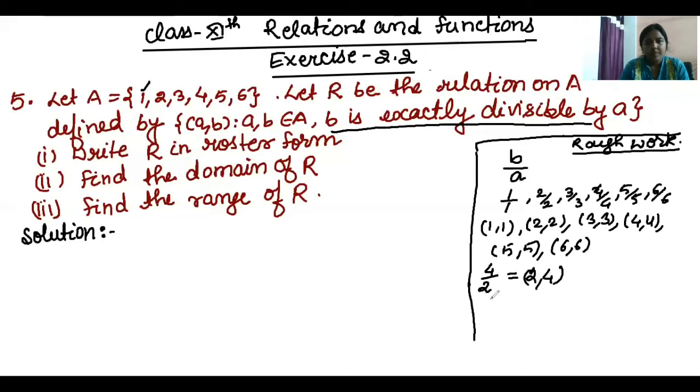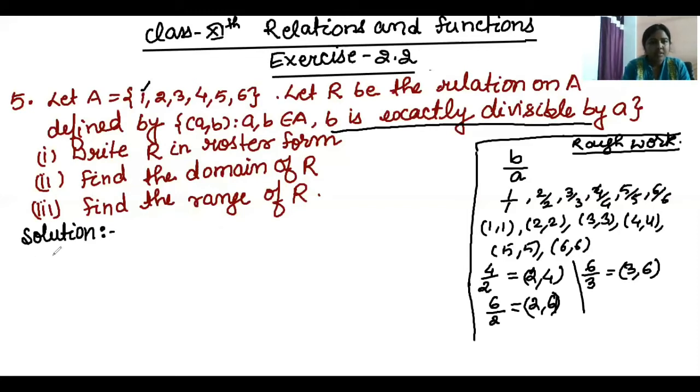Then again 6 is exactly divisible by 2, so we can write here (2, 6). The next, 6 is exactly divisible by 3, so we can write it as the ordered pair (3, 6). Anything more? I don't think so. Okay, so these are the elements we can write here in R.